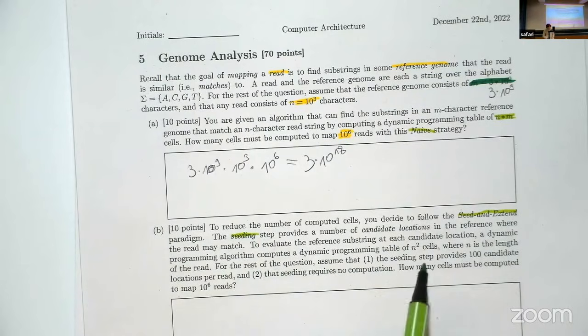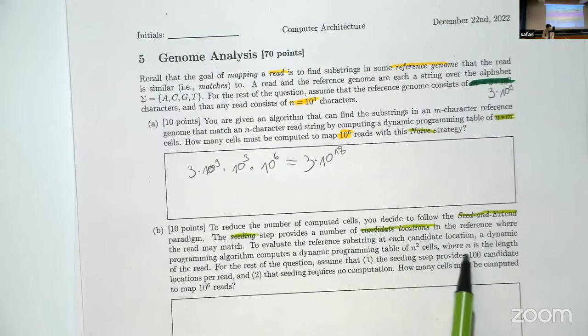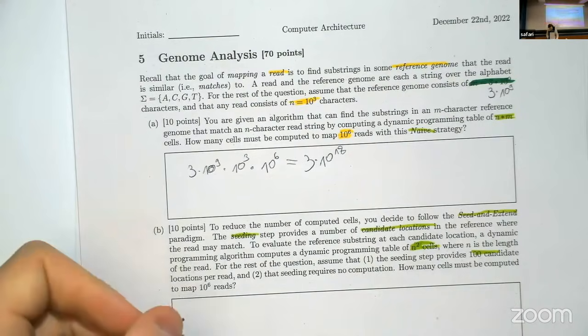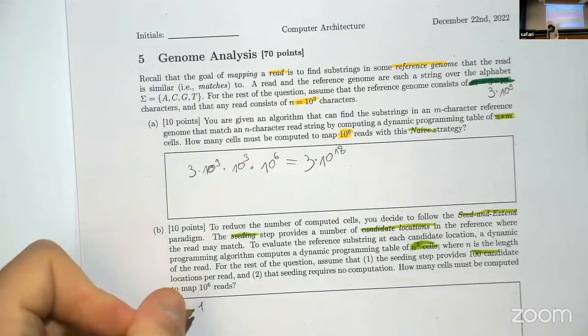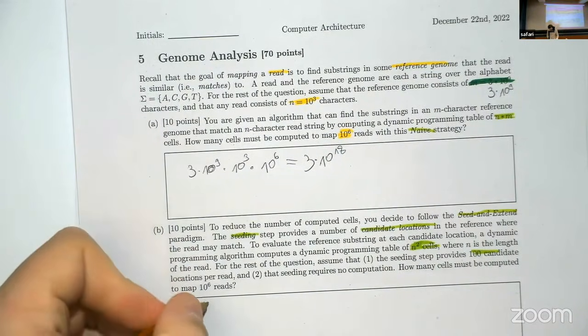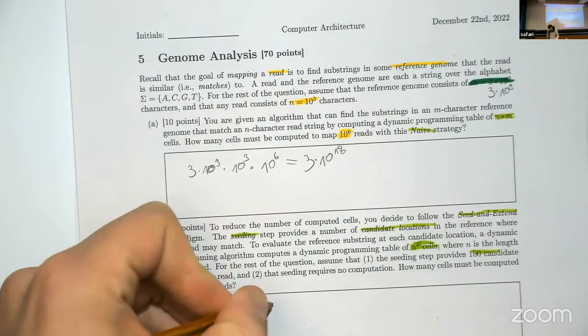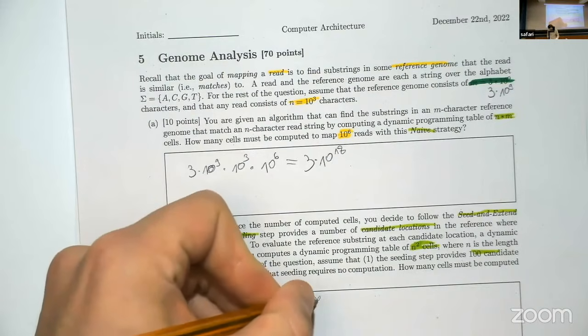Every time you just get a bunch of candidate locations for each read, namely 100 of them. Then you evaluate each of them by computing n squared dynamic programming cells. N is still the read length. So to evaluate a single location, do 10 to the 3 squared, 10 to the 6 cells per candidate.